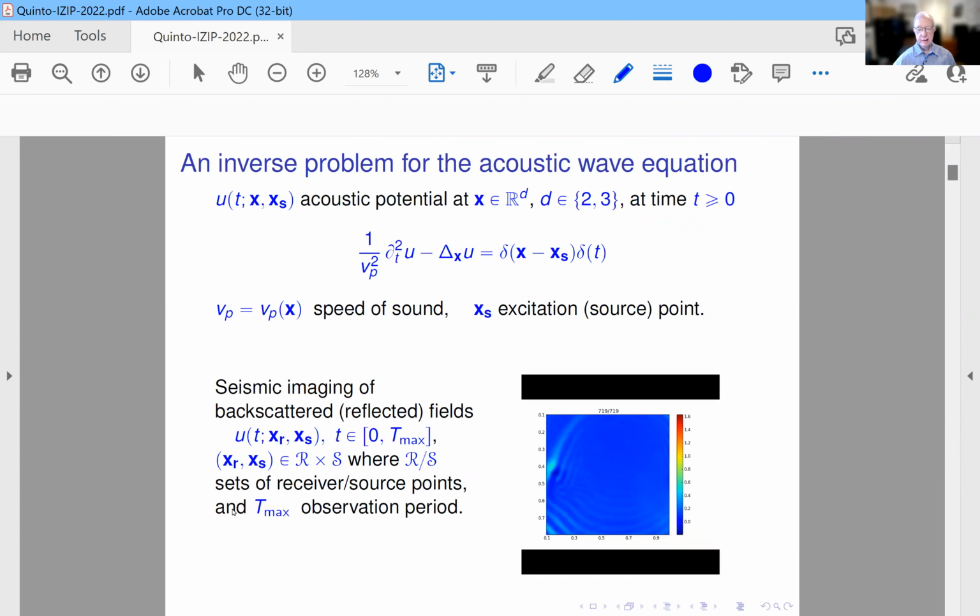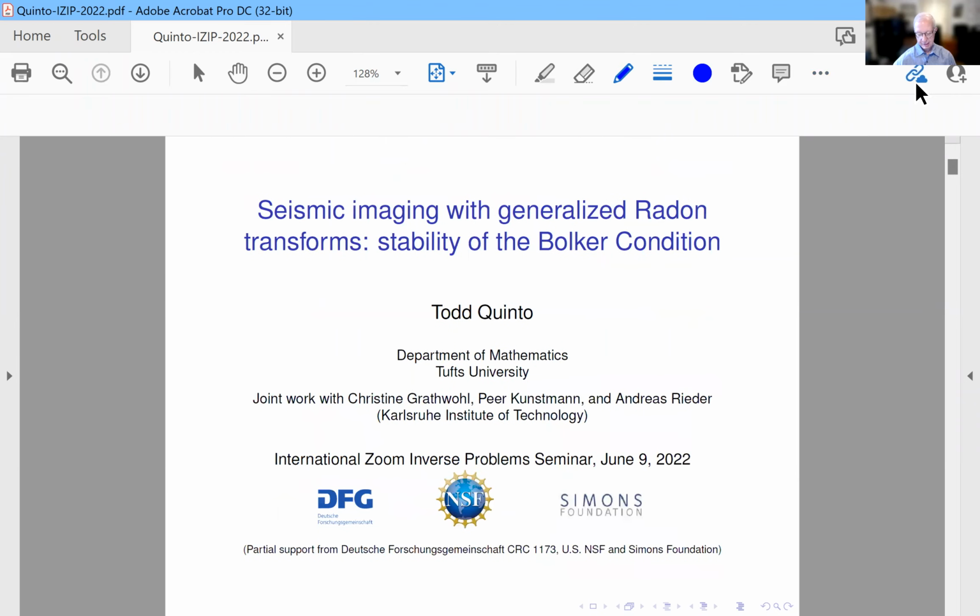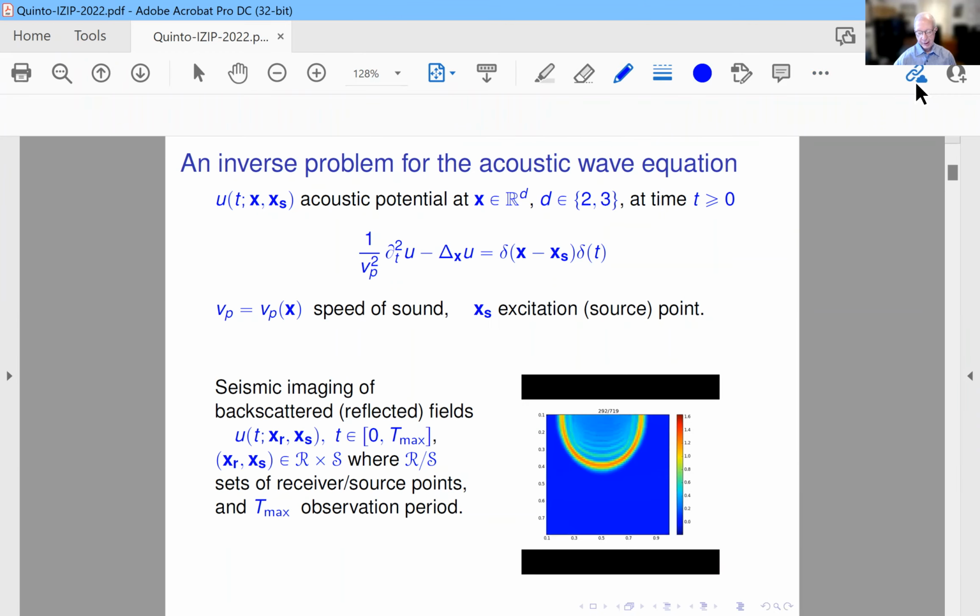Now, we're going to study an inverse problem for the wave equation. And you can see it on this lower right here. I'll do it again because it's sort of cool. A wave coming out. This is with constant wave speed, and you see how it reflects back.